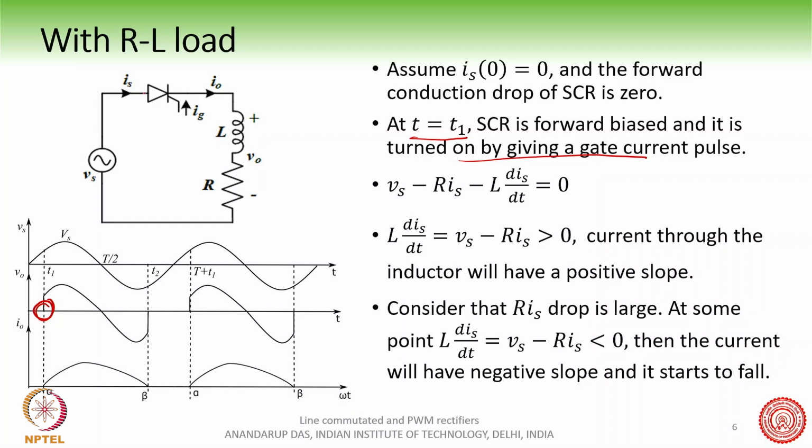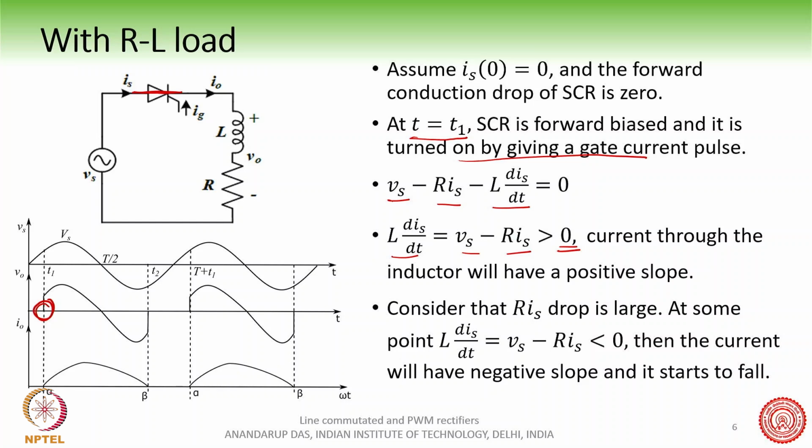Once the thyristor has been turned on, we assume that it is shorted, and so Vs minus Ris minus L di dt equal to 0. That is the governing equation, or I can say it another way: L di dt is Vs minus Ris, and is greater than 0 during this point, because Vs is more than Ris at this point of time.